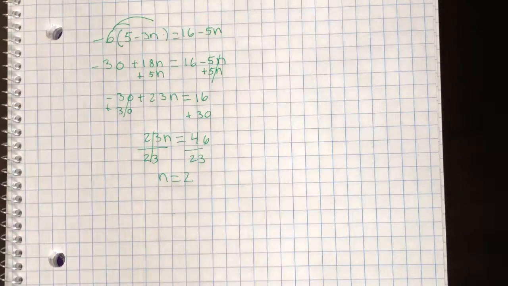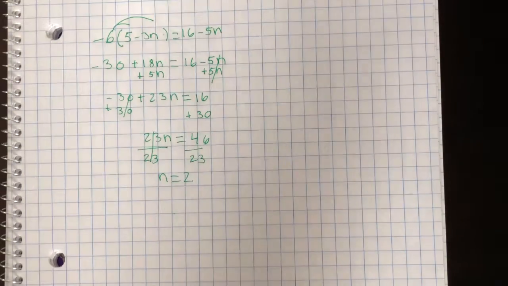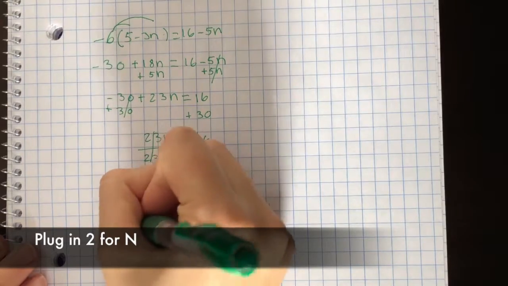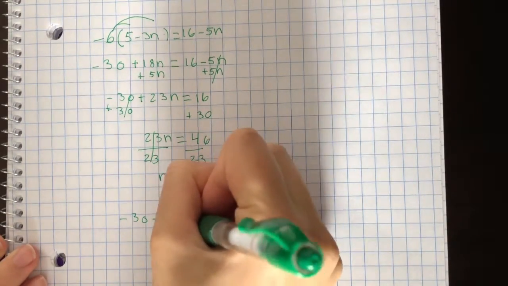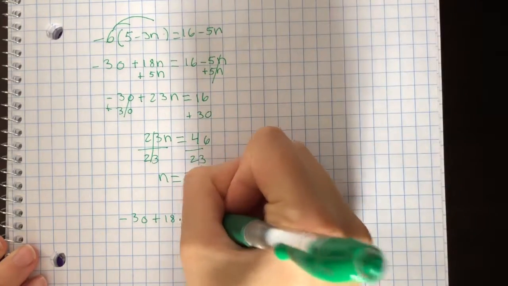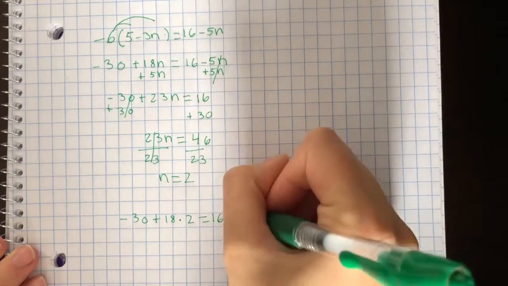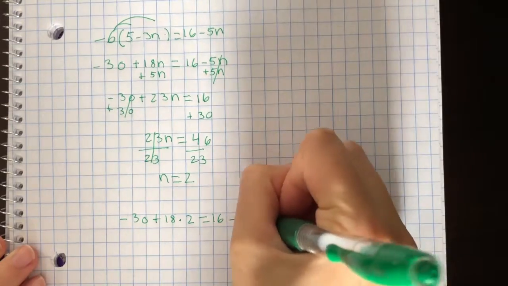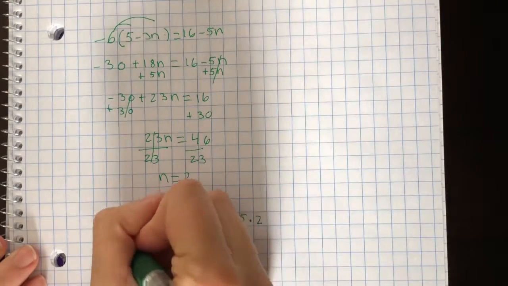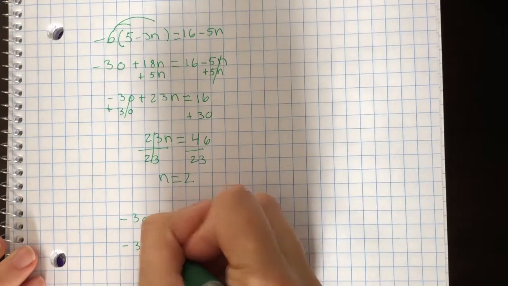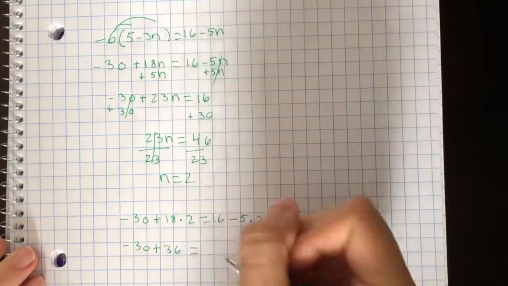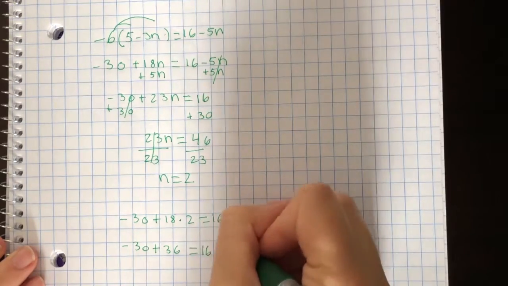To check if our answer is right, we're going to plug in 2 for n. So we're going to have negative 30 plus 18 times 2 equals 16 minus 5 times 2. We get negative 30 plus 36 equals 16 minus 10.